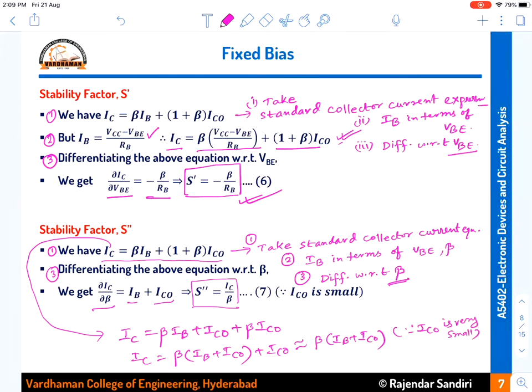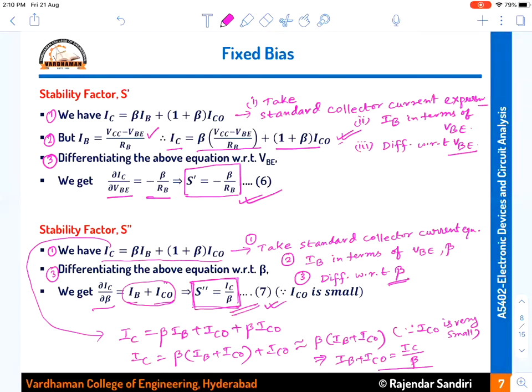Then you will get this IB plus IC naught is equal to IC by beta. The same way we have written here. This is actual IB plus IC naught. I have written it as IC by beta. Equation number 7. So this is the formula for S double dash.